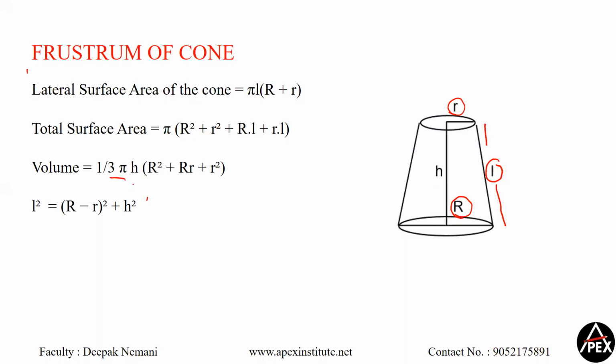Volume will be 1/3 pi h into R square plus R r plus r square. The slant height formula will be different: L square is equal to R minus r whole square plus h square. So try to remember these four formulas, because if you get any question from frustum of a cone, you should be able to answer it. Clear?